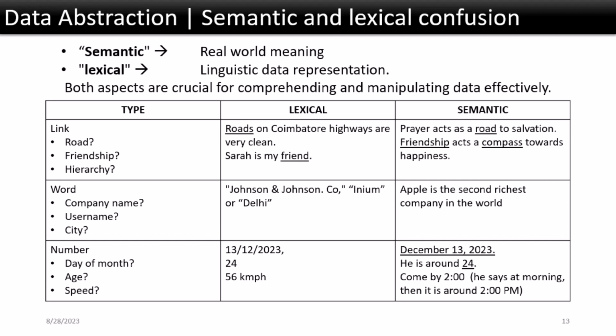It's just a number, but it is written after December 13, so it has the meaning. It's a year. He's around 24, it means age. He says at morning, then it's around 2 p.m. So these numbers alone represent the meaning. Such types of confusions are common in doing data abstraction.